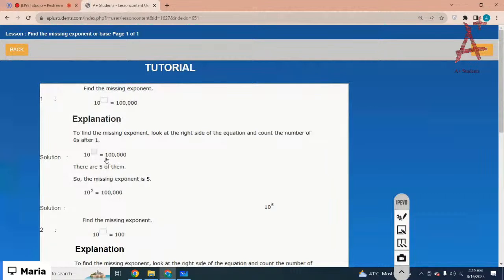Just count the number of zeros, right? You have 1, 2, 3, 4, 5 zeros. That means the exponent is 5. To find the missing exponent, look at the right side of the equation and count the number of zeros after 1. So you have 5 zeros. So you can write it as 10 exponent 5.